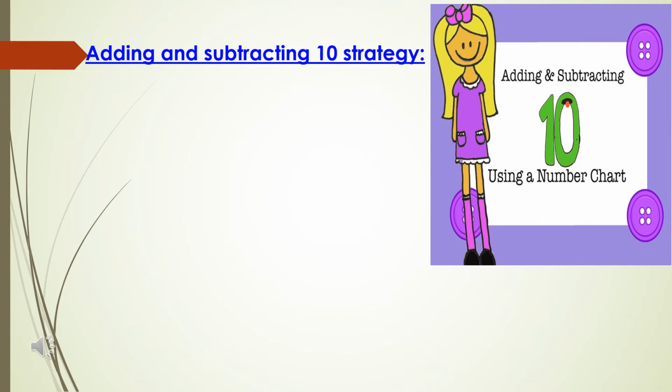Let's see an example here. 2 plus 10. Here, in the ones place, our number is 2. We are adding 10 here. In the ones place, we have 2. The 2 will remain as it is. And the ones place in this 2 is what? 0.